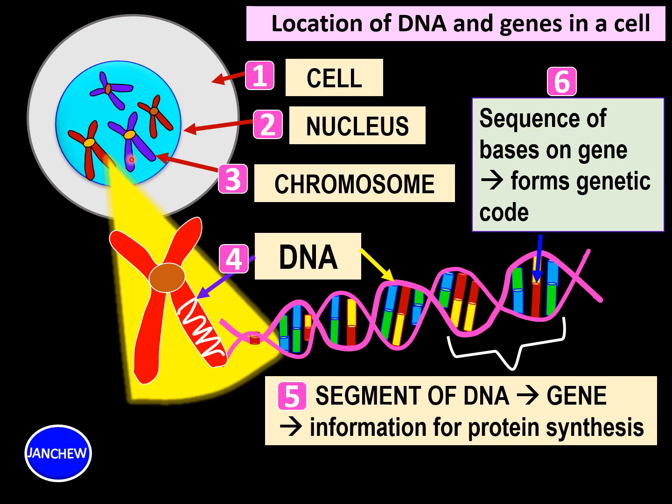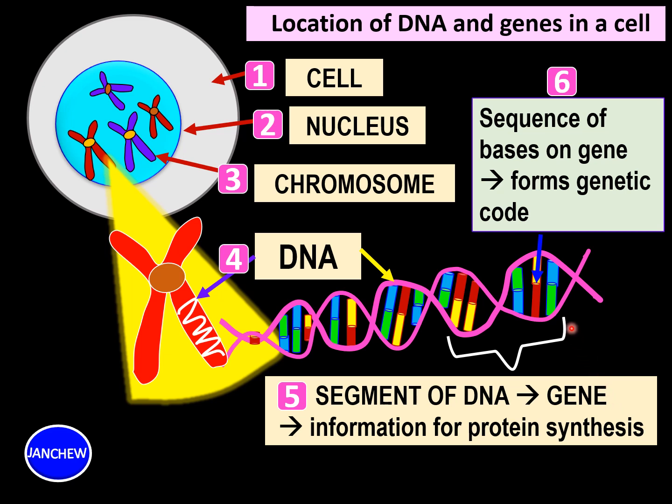Right, so now, if we were to enlarge one chromosome, in this case it's shaped like an X, you will see that it contains a very long strand of DNA that is coiled up inside the chromosome. So this long strand of DNA contains the genes.